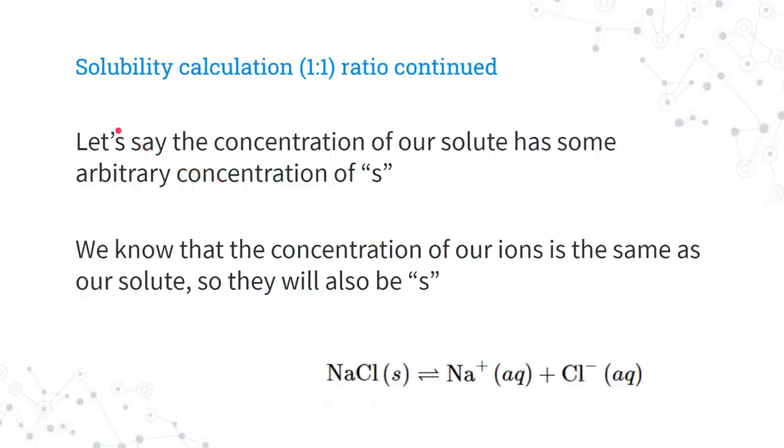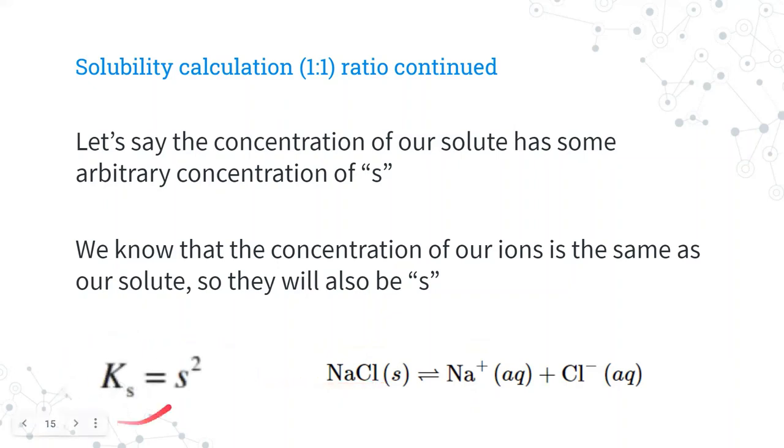Remember back in the beginning of the video, we talked about giving the concentration of our solute some arbitrary concentration of S. We know that the concentration of our ions is the same as our solute, so they will also be S. So the concentration of Na plus and the concentration of Cl minus will be the exact same as the solubility of NaCl.